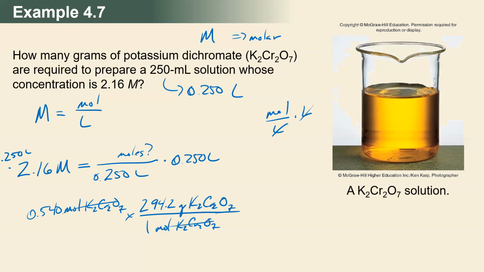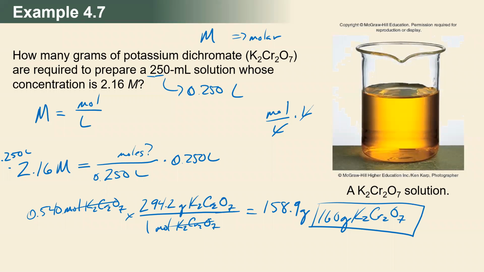Our moles cancel, and we're left with multiplying 294.2 times 0.54, and we get 158.9 grams. This is just 2 sig figs, so 160 grams of our potassium dichromate.